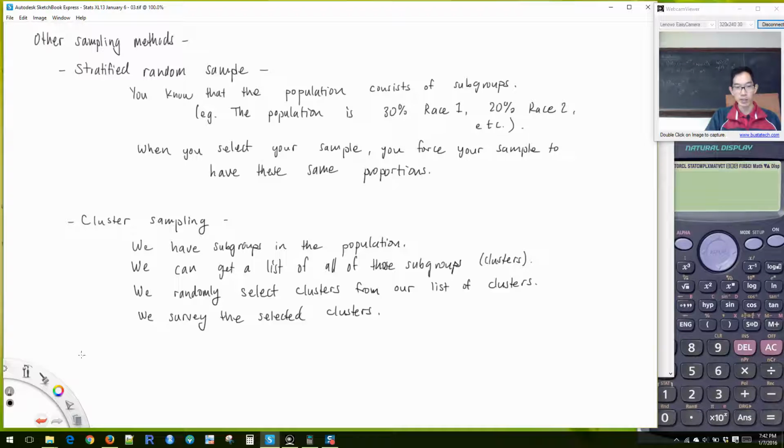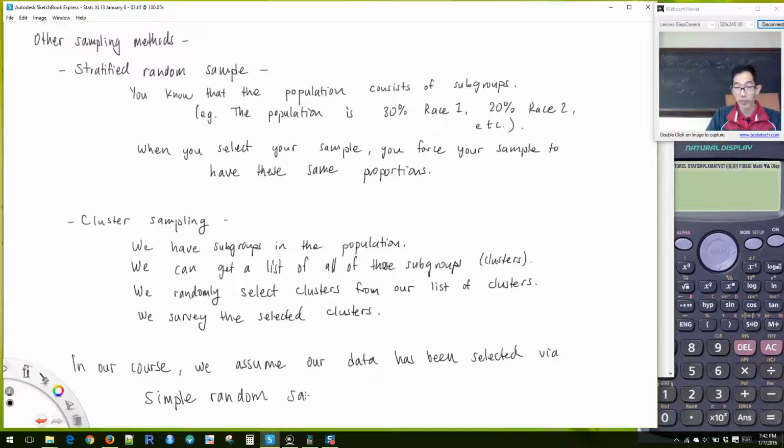So in our course, we assume our data is collected via simple random sampling, because the assumptions that go into making the math work depend on this assumption of simple random sampling. Okay.